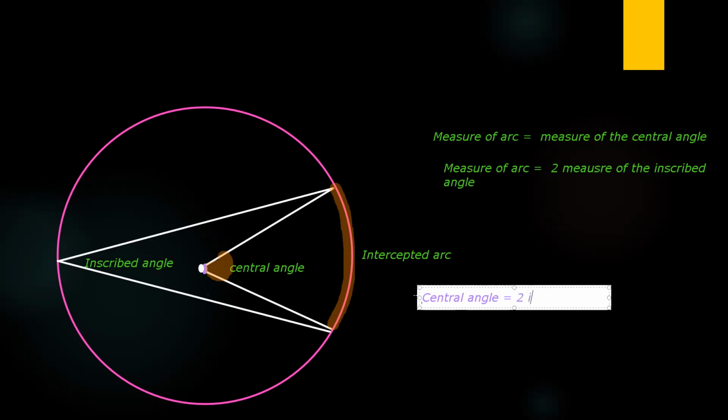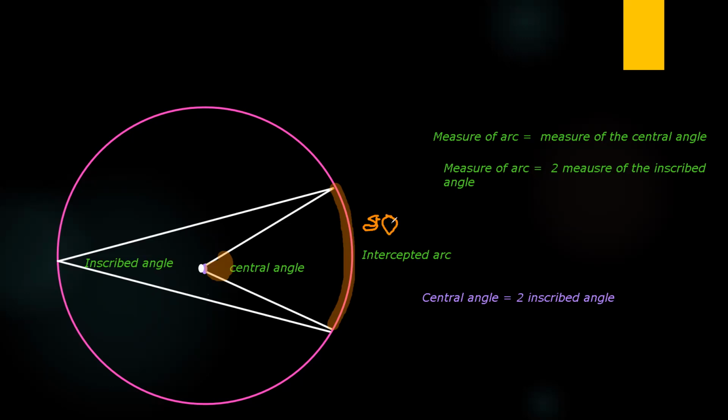So if you have the intercepted arc, as an example, of 80 degrees, the central angle will be 80, and the inscribed angle will be 40.